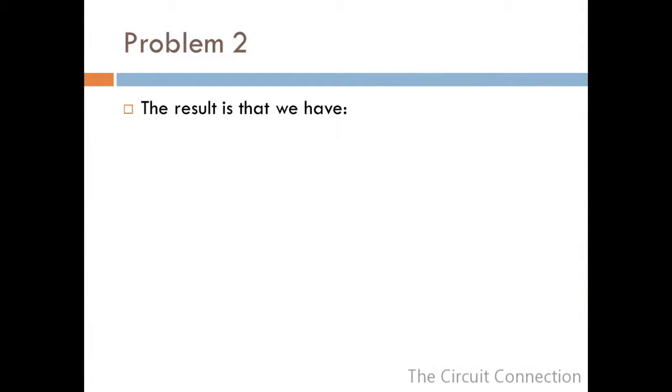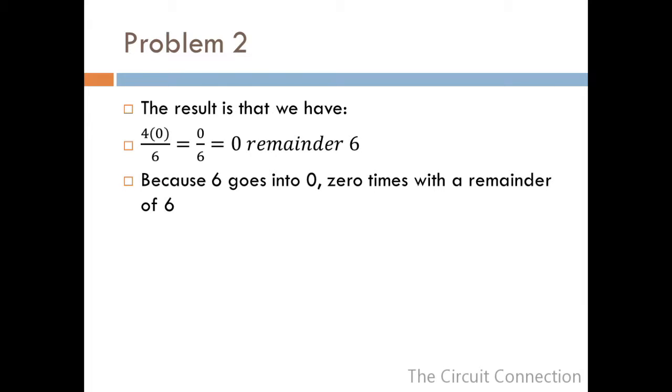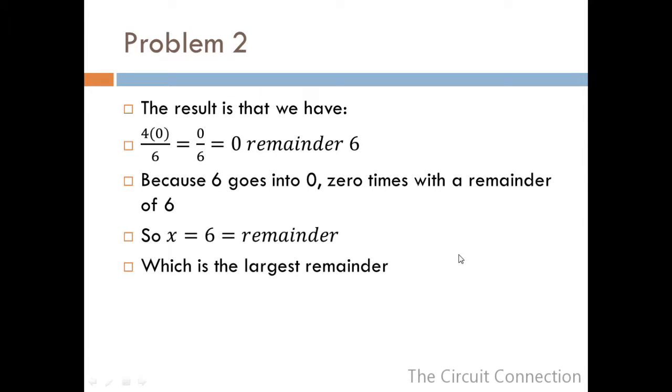The result is that we have 4 times 0 over 6 equals 0 over 6, which equals 0 with a remainder of 6. Because 6 goes into 0 zero times with a remainder of 6, that is how we have that remainder 6. So x equals 6, which happens to be our largest remainder that we can have.